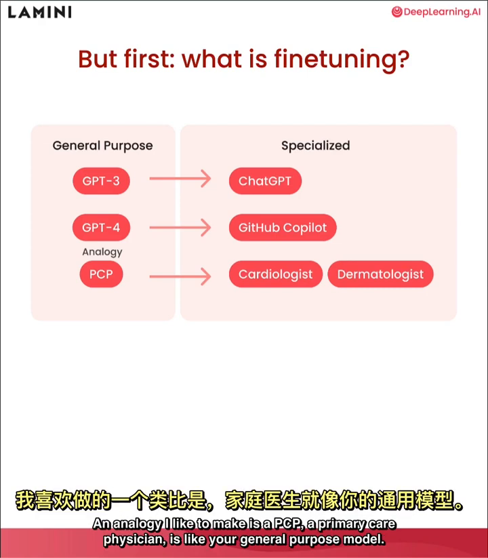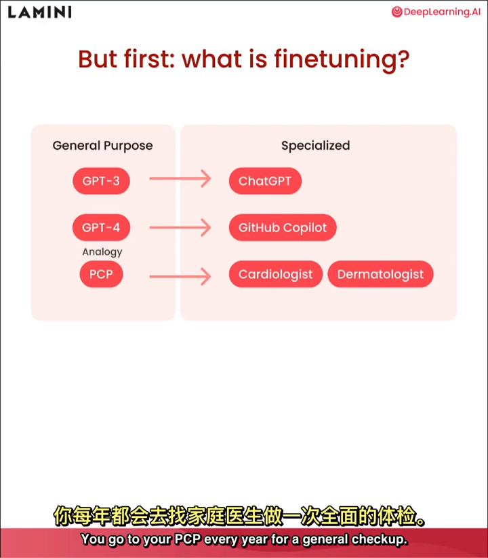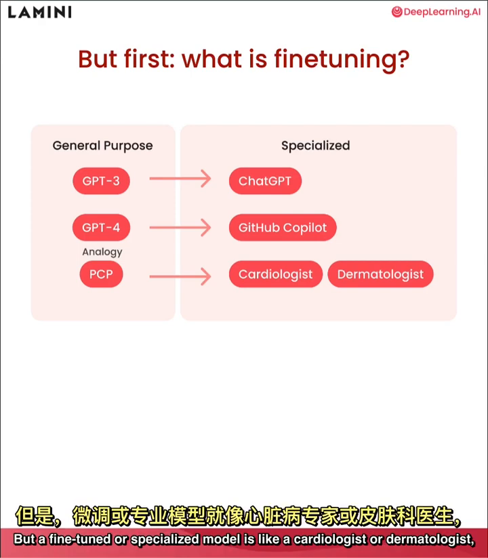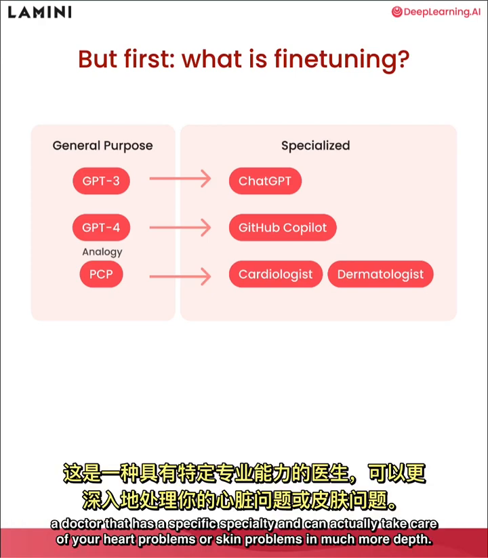An analogy I like to make is a PCP, a primary care physician, is like your general purpose model. You go to your PCP every year for a general checkup. But a fine-tuned or specialized model is like a cardiologist or dermatologist, a doctor that has a specific specialty and can actually take care of your heart problems or skin problems in much more depth.